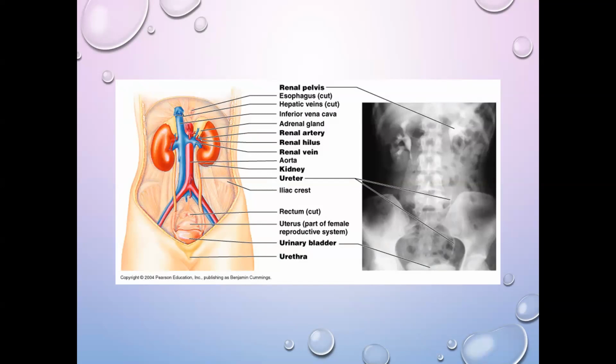Yes, one is higher than the other. Here on the right is where your liver is. Because the kidneys ascend, the liver was already there, and so the right one couldn't go as high as the left one because the liver was in the way.